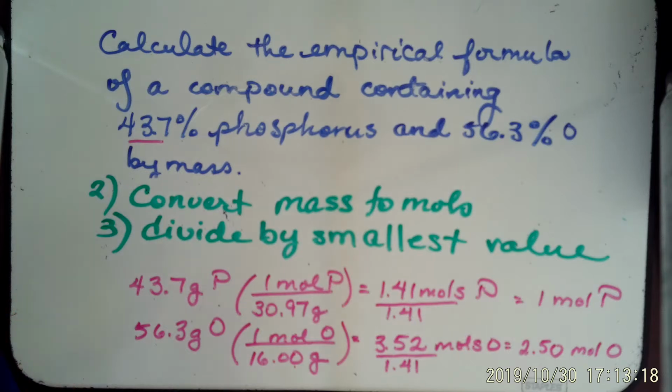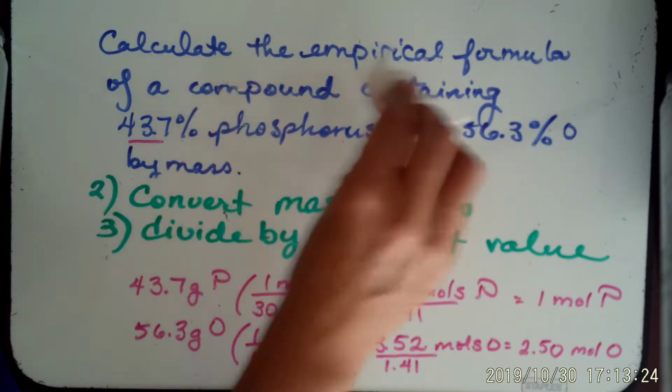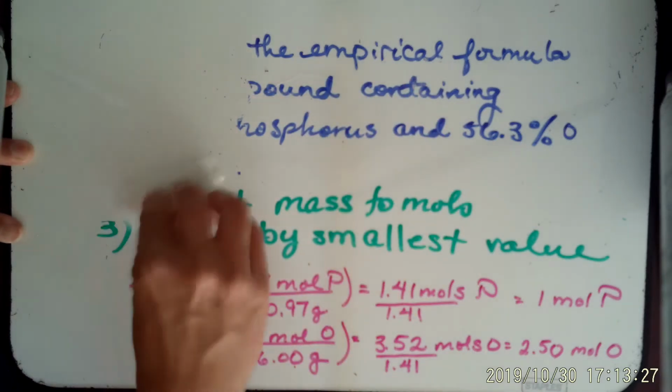Now in this case, what I have here is this 2.50, so it's not close to 2 and it's not close to 3, it's in the middle, and we need to take a look at our fractions. So I'm going to talk about fractions up here.